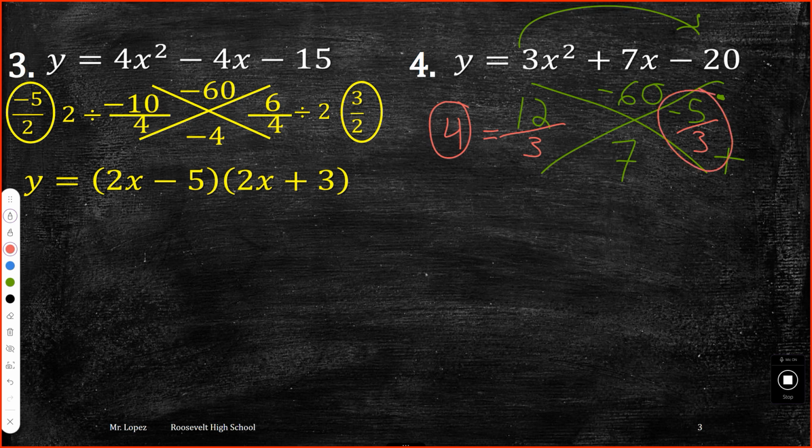I circle my answers so I don't get all confused by everything going on there. So the answer is going to be, well, you can put a 1 under 4 and then put it in front of x, but you don't have to, x plus 4. And the second one's going to be what? 3x minus 5? Yeah?